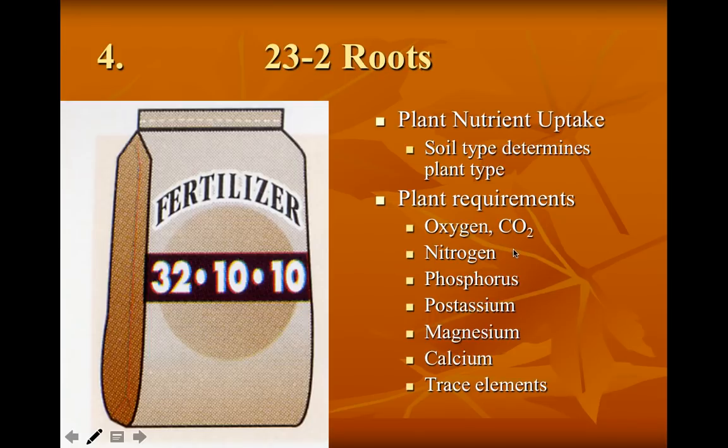And in fact, a lot of times if a certain plant is missing some of these, you can see it in their leaves. For example, nitrogen has a large role in the green color of plants.